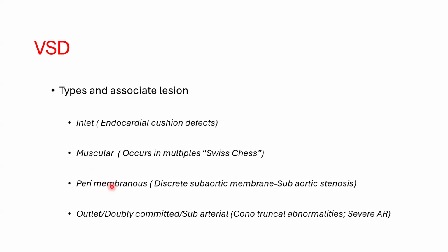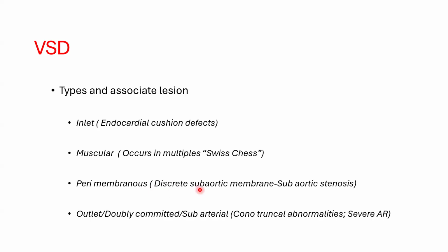The perimembranous ones will tend to have discrete subaortic membranes as well, which causes subaortic stenosis. They must be identified so that during surgical closure, the surgeon can either excise the membrane or incorporate it into the closure of the defect.